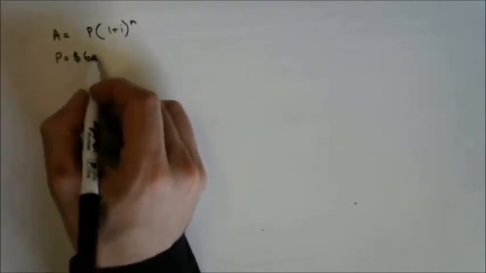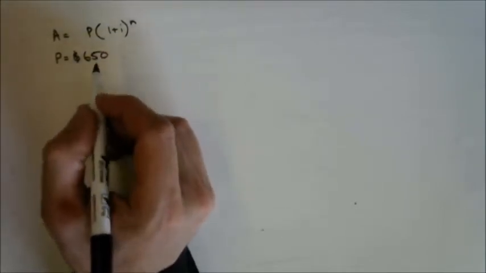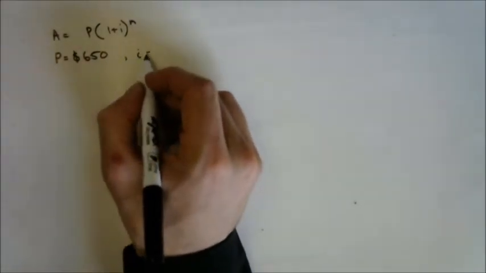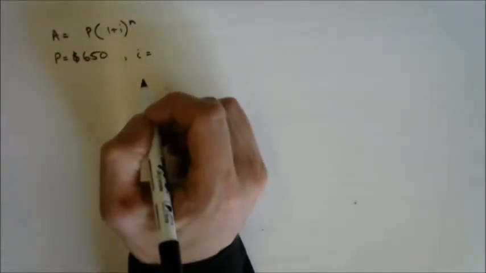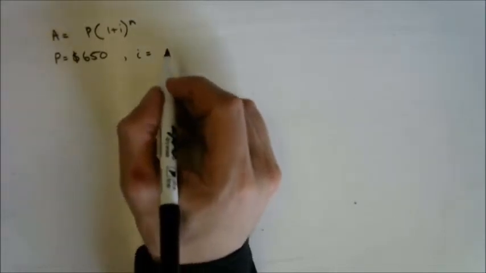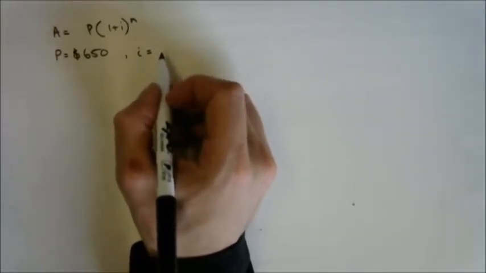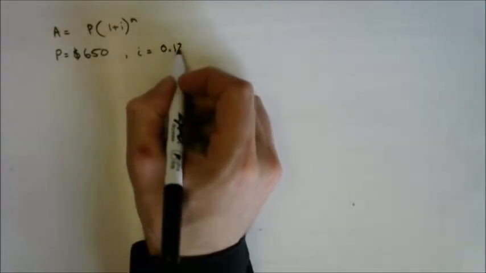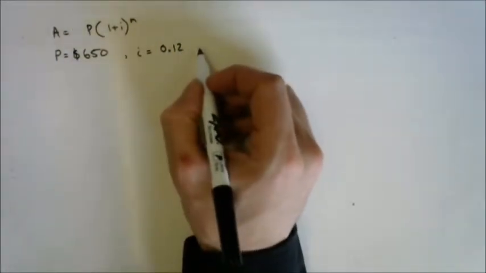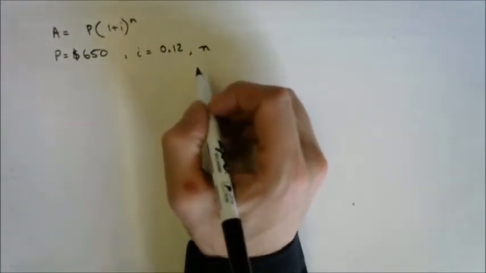Yeah, the original borrowing amount is $650. So P is $650. Do we know the interest rate expressed as a decimal? 12%. 0.12.